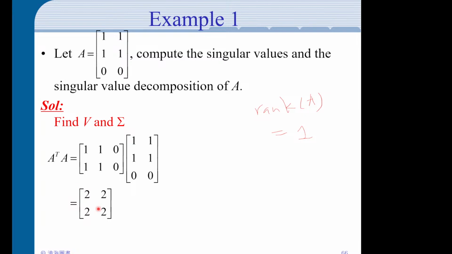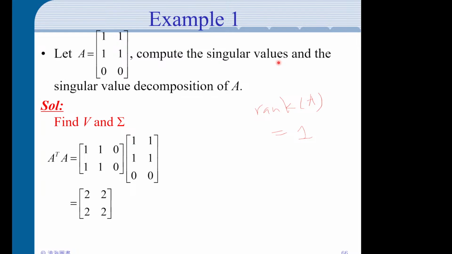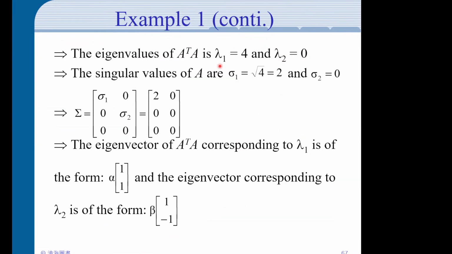You solve the characteristic polynomial, and you find two eigenvalues: lambda 1 equals 4, lambda 2 equals 0. We didn't prove it, but taking the square roots of those gives your singular values. So singular value 1 is 2, singular value 2 is 0.